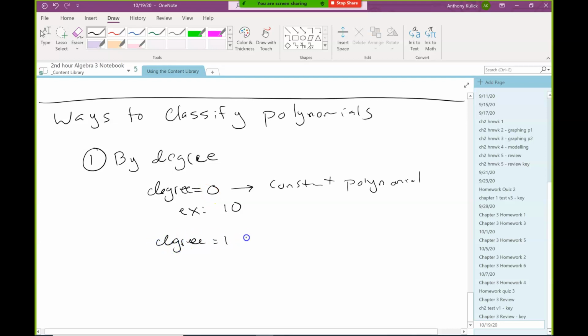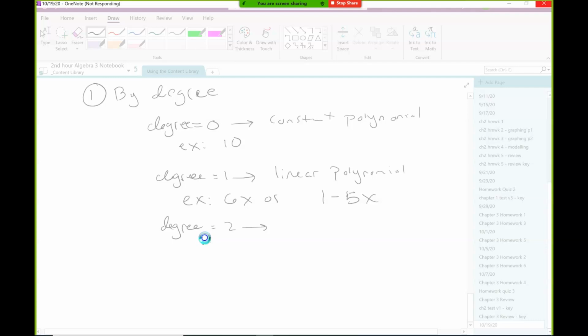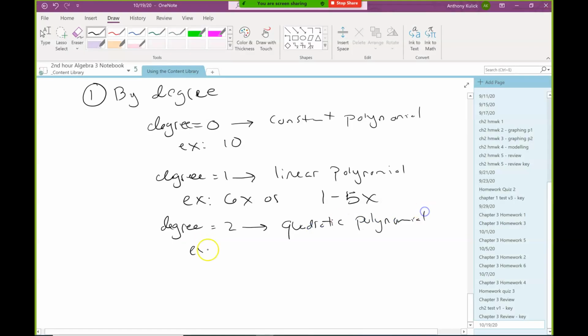If the degree is 1, these are both examples of linear polynomials. If the degree is 2, we call this a quadratic polynomial. So for example, 2x squared, or we could have 2x squared plus 5x minus 3 or something.